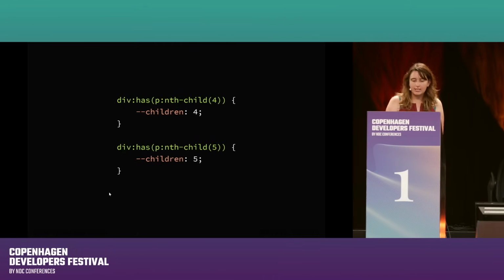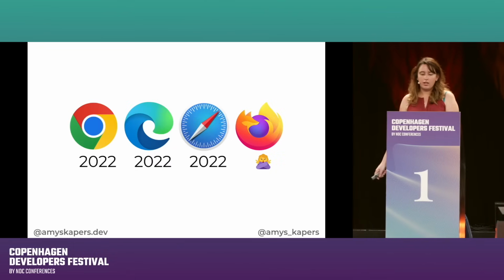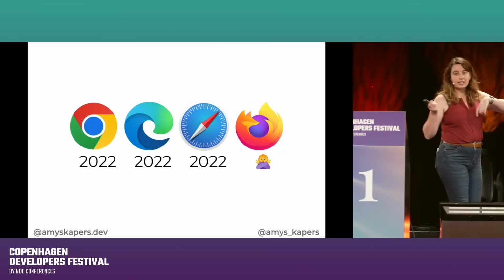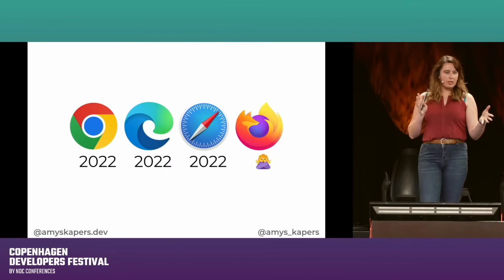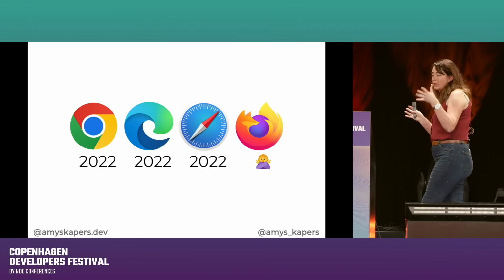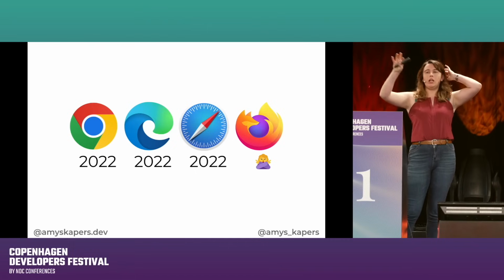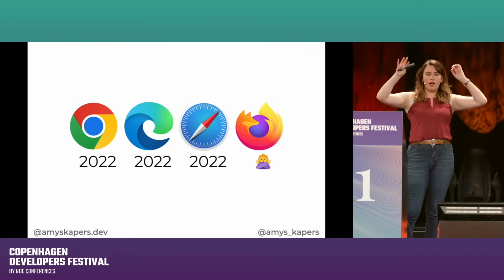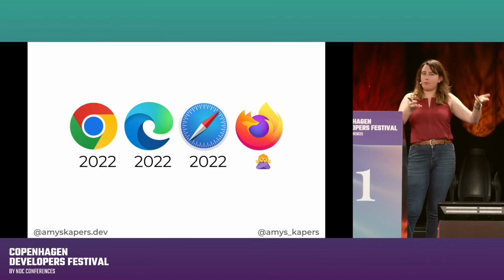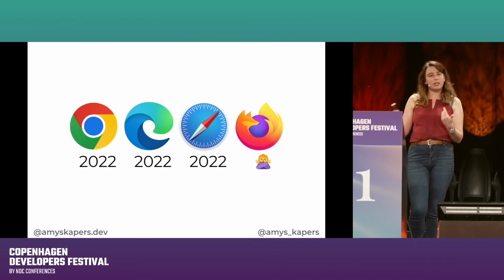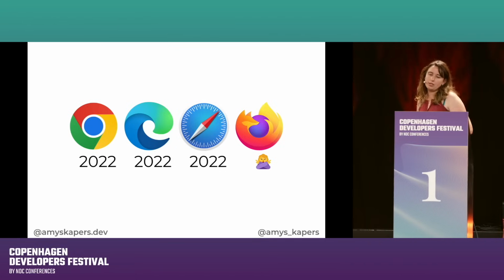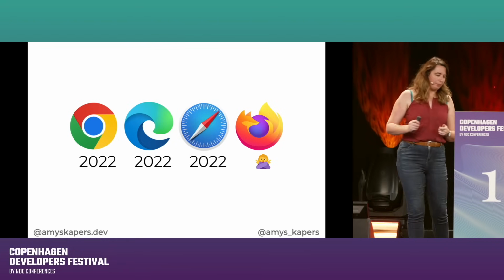So we use the has selector to go through and count things. We talked about the has selector. Browser support's relatively new. It is really powerful though, and so it's going to be really exciting. Anybody here happen to be a developer for browsers? If anybody here happen to be a developer for Firefox, it'd be really great to see this come out more, because I'm excited to be able to use this a bit more.